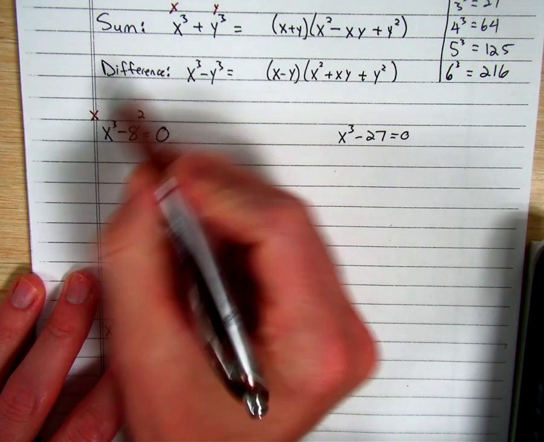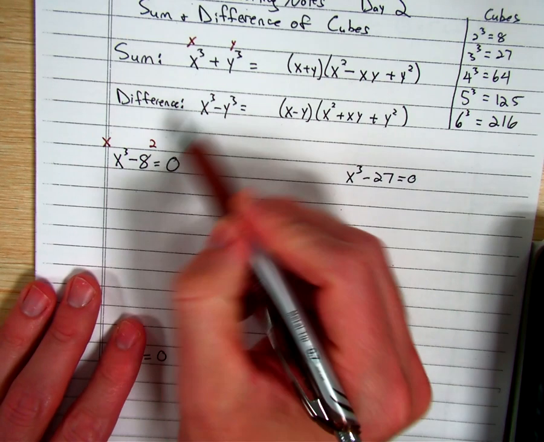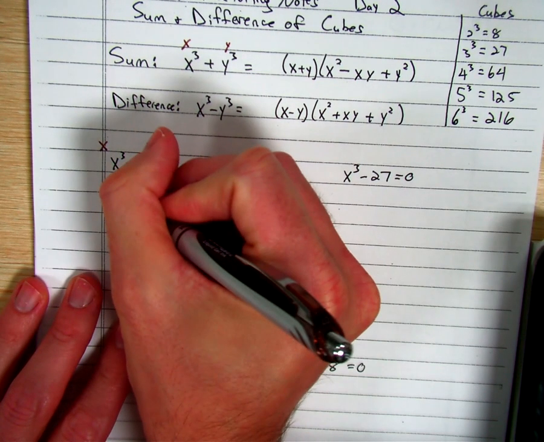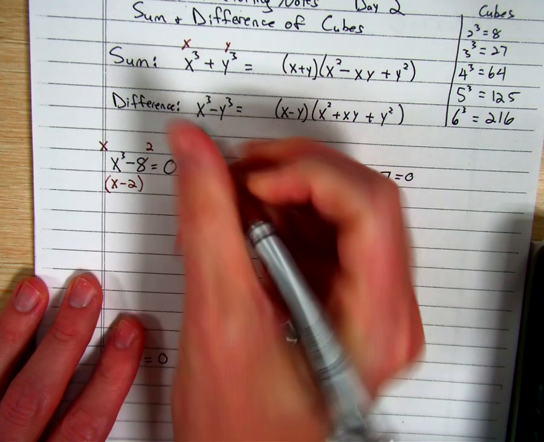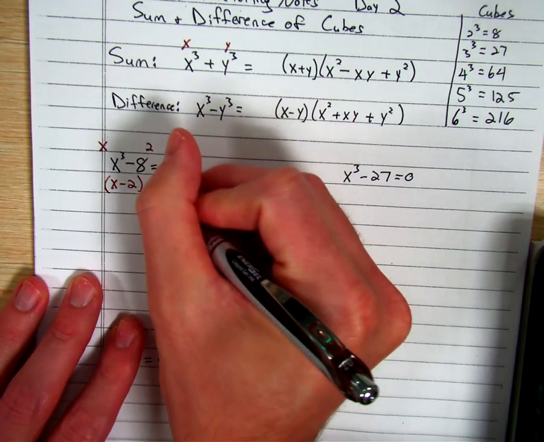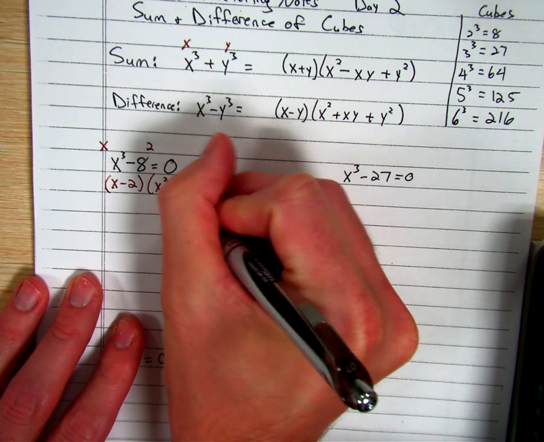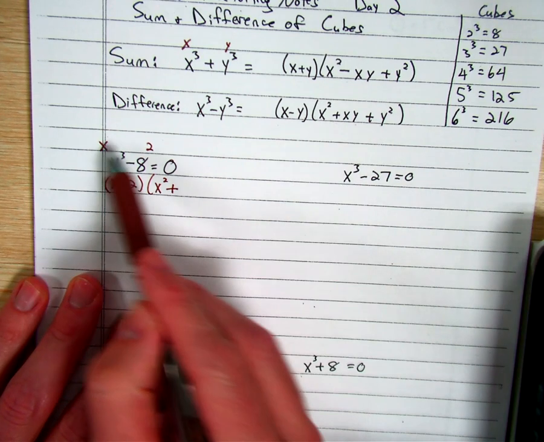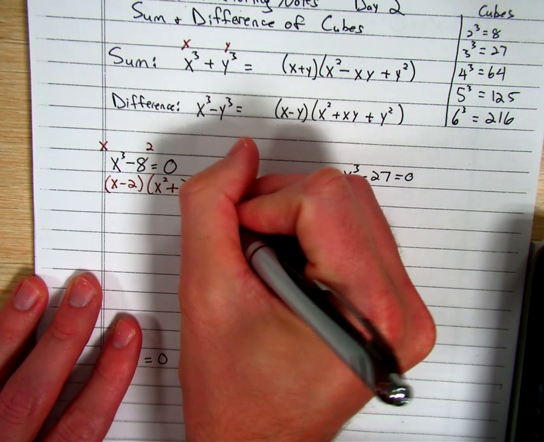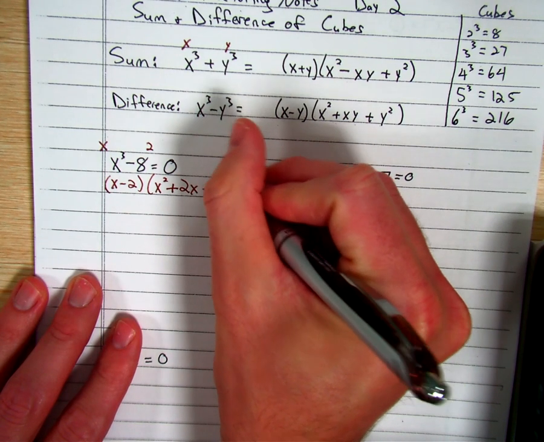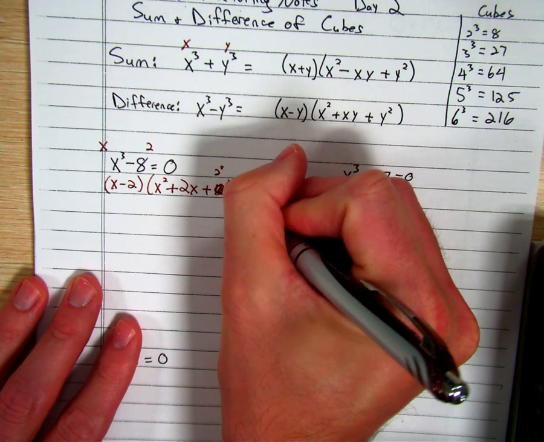So x is my x spot, and 2 is going to be my y spot. So we'll have x minus 2, because it's a minus, times x squared plus, multiply them together, 2 times x, always a plus, last one squared. 2 squared is going to give me 4 in that last spot.